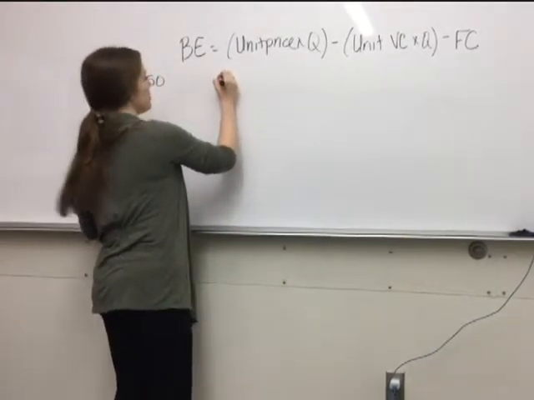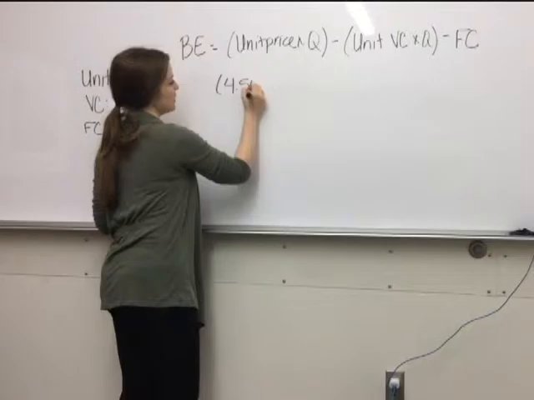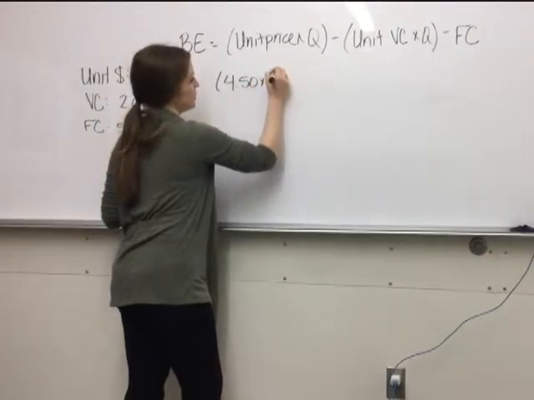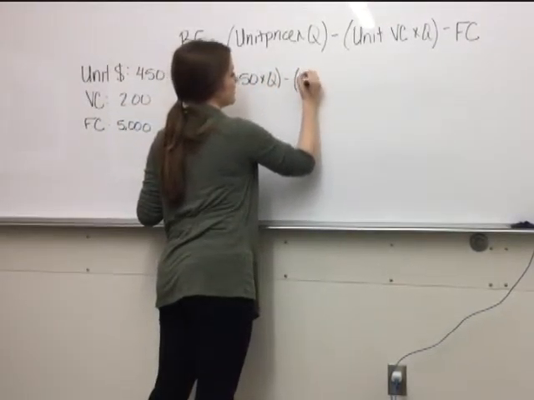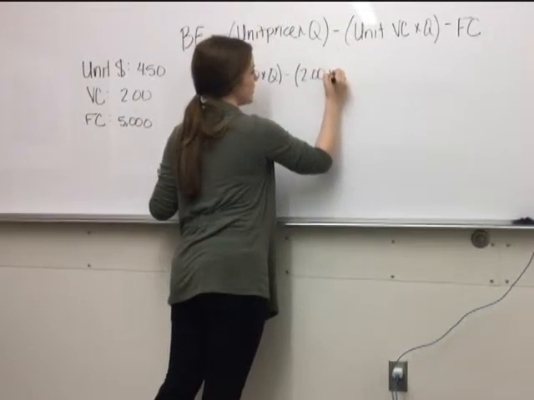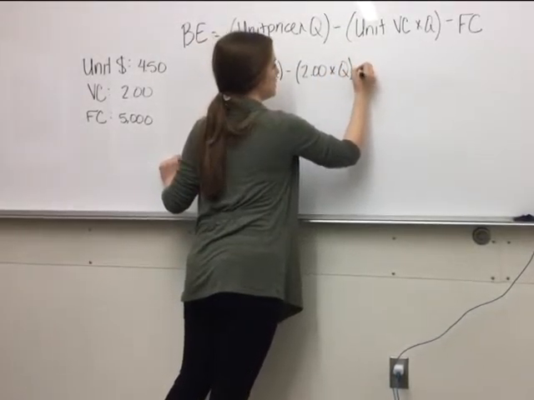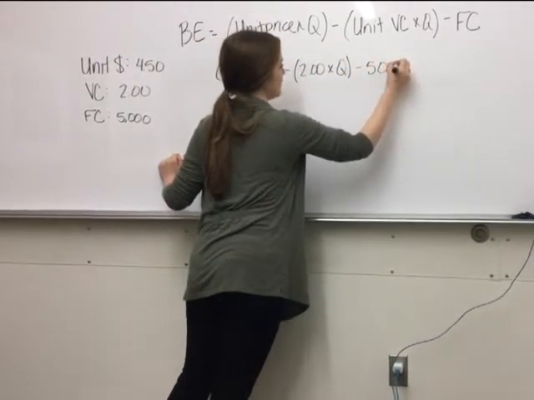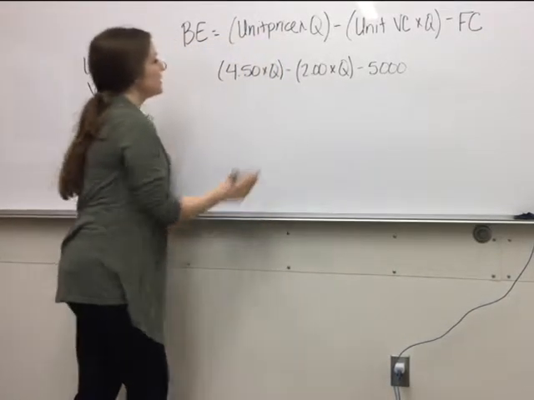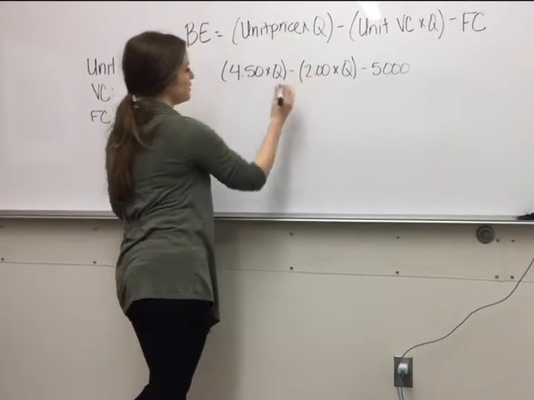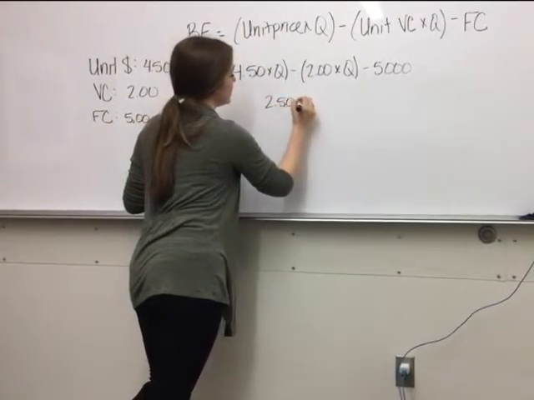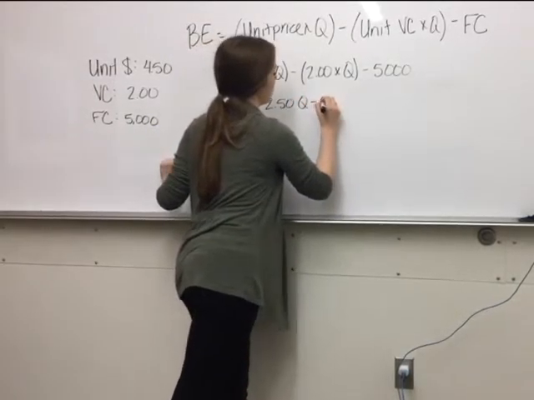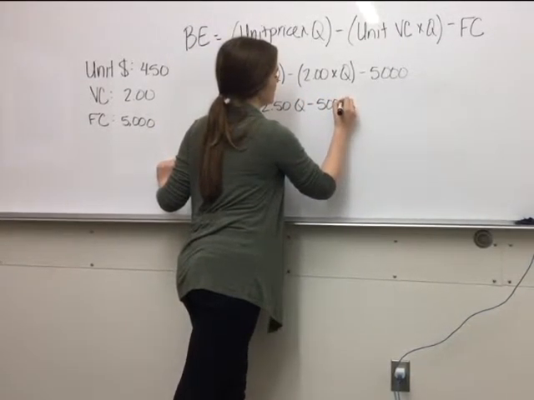So we have $4.50 times Q minus $2 times Q minus $5,000. So now we take these two and combine them, so that's $2.50 Q minus $5,000.